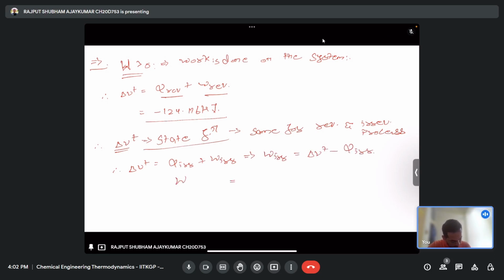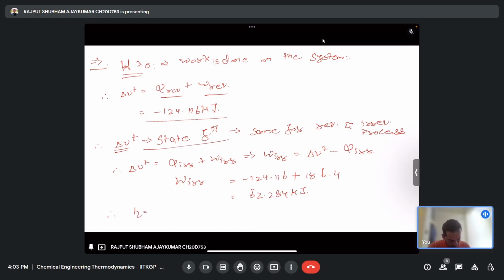It comes out to be minus 124.116, and Q irreversible is plus 186.4. So the work done during the irreversible process is positive.